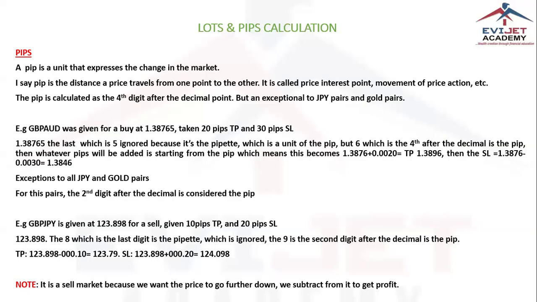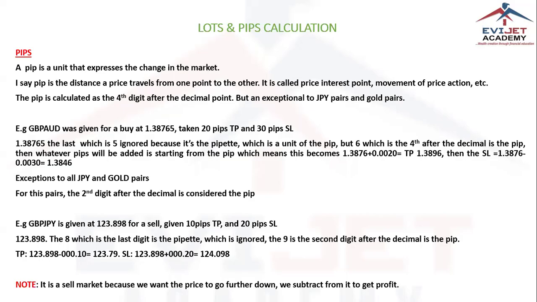So taking 20 pips TP and 30 pips SL, let's look at this arithmetic now. I'm talking about currencies, right? Currencies have 5 decimal places, with an exception of JPY and gold pairs.